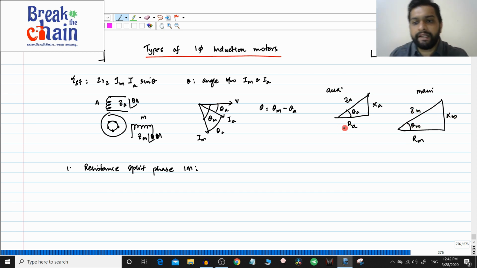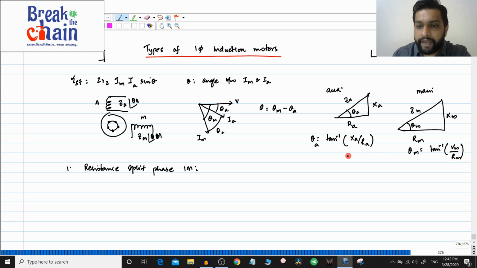So ultimately this theta A is equal to tan inverse of Xa divided by Ra, right? And theta M will be equal to tan inverse of Xm divided by Rm, right? So only if Xa divided by Ra is equal to Xm divided by Rm, theta A will be equal to theta M. But we don't want this condition, right?